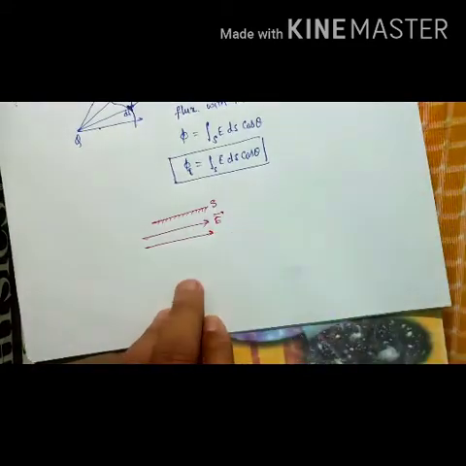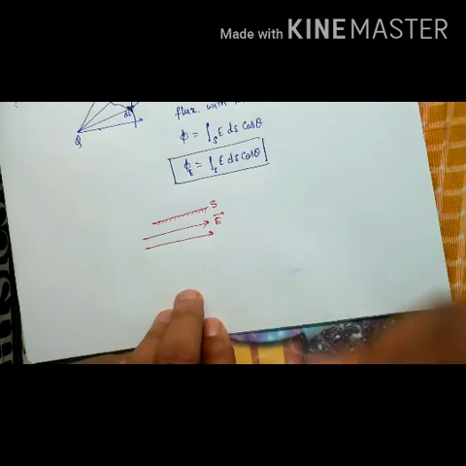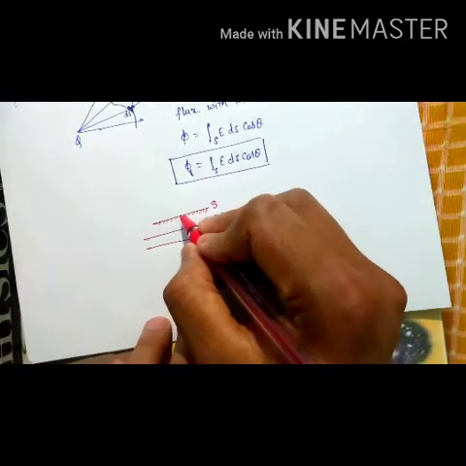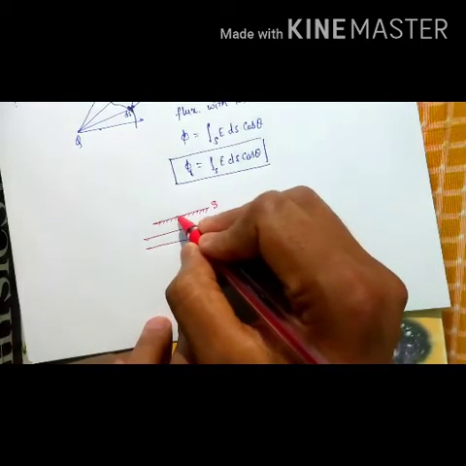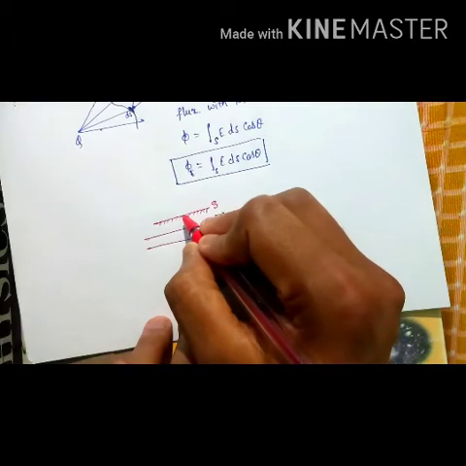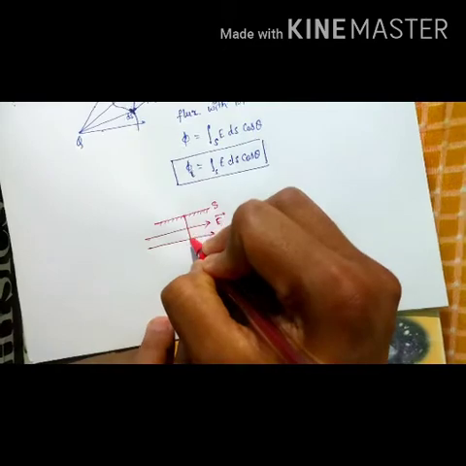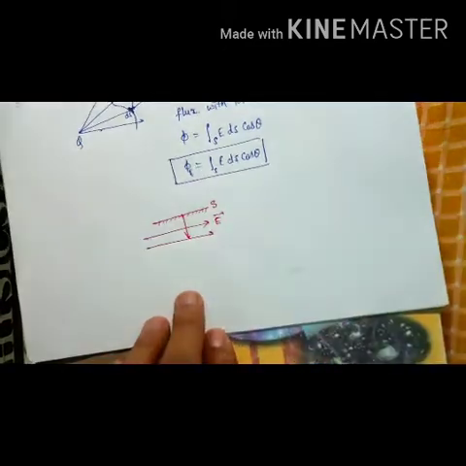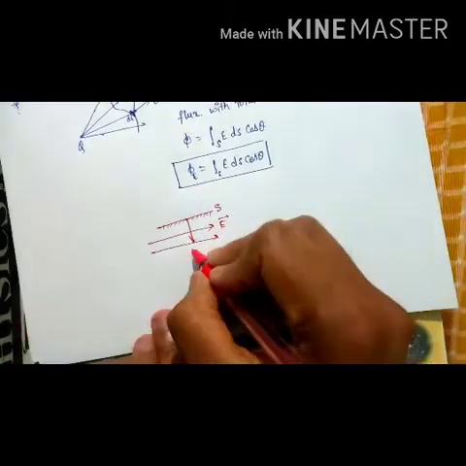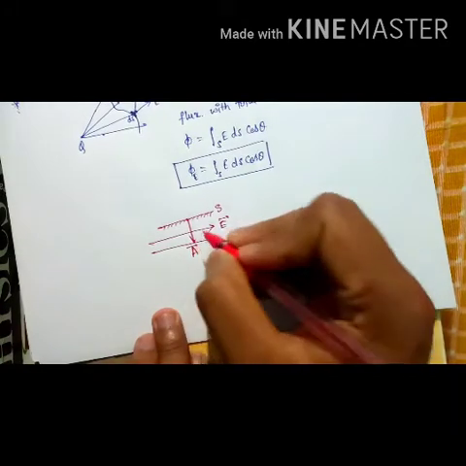So what is the flux there? We already discussed that the area vector is normal to the surface, radially outward. This is the area vector.